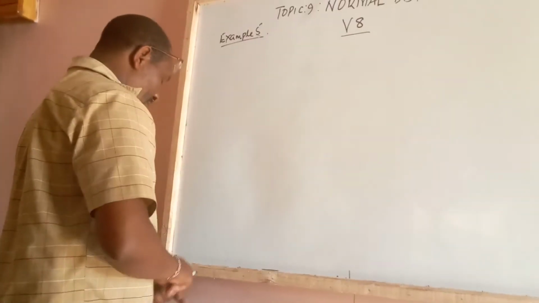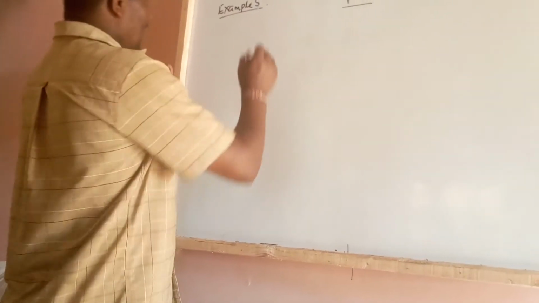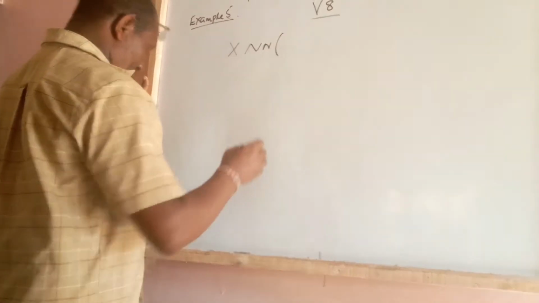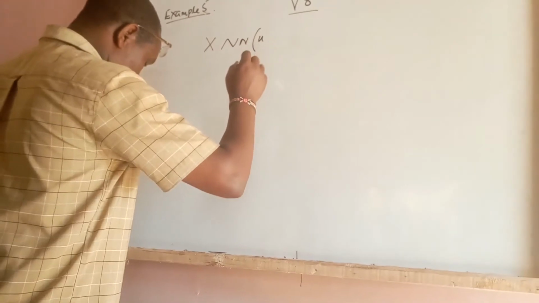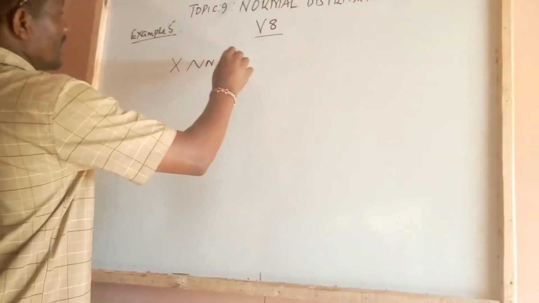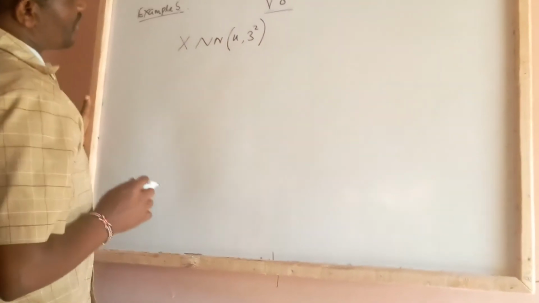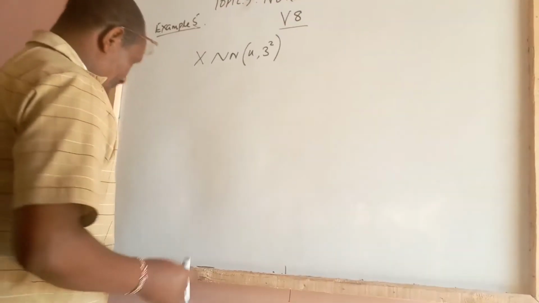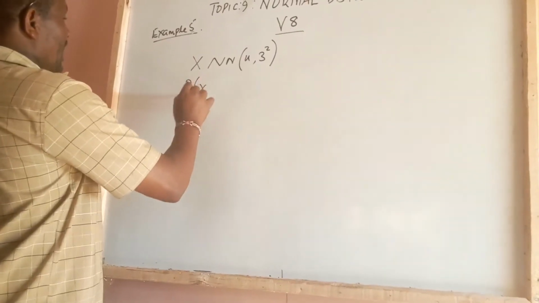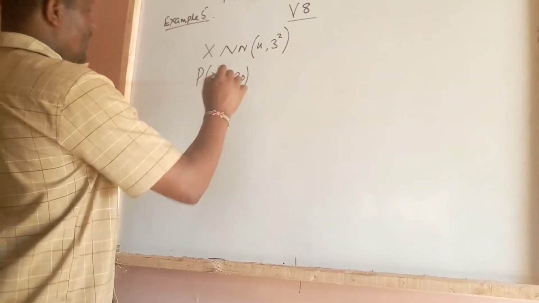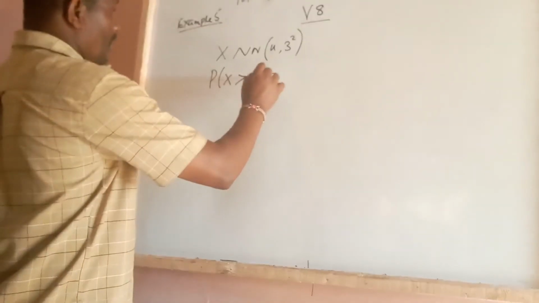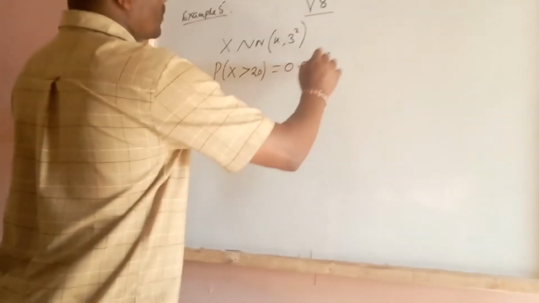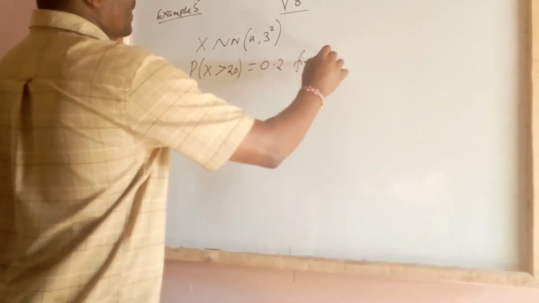In example 5, we are told the random variable x is distributed normally with the mean and the standard deviation of 3, or rather the variance of 9. Given that the probability of x greater than 20 is equal to 0.2, we are told to find the mean.